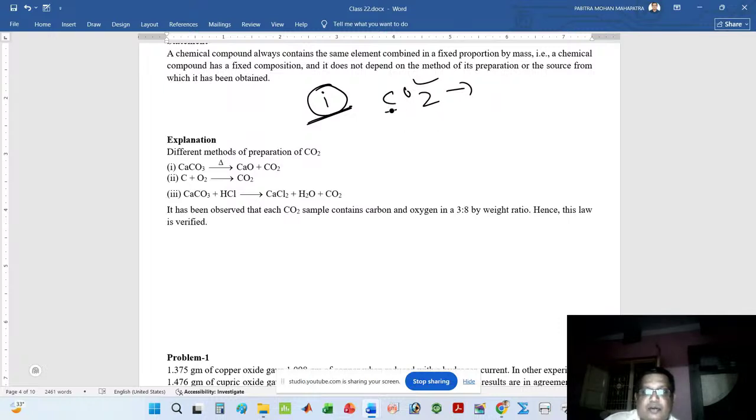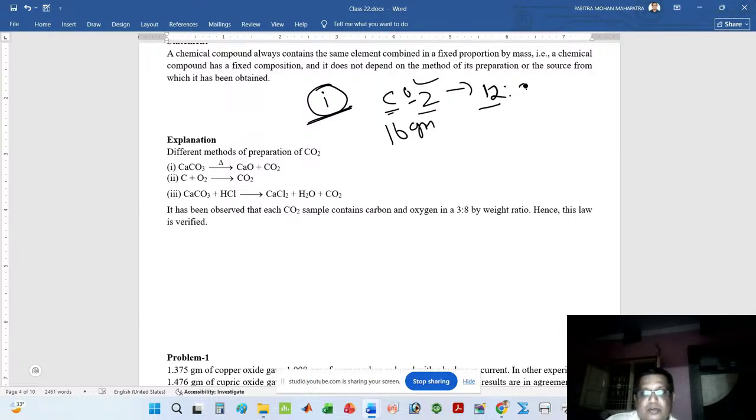Here the atomic mass of carbon is 12. Here the molecular mass of oxygen is taken because two oxygen atoms are present. The atomic mass of oxygen is 16 gram, so the molecular mass is 32.